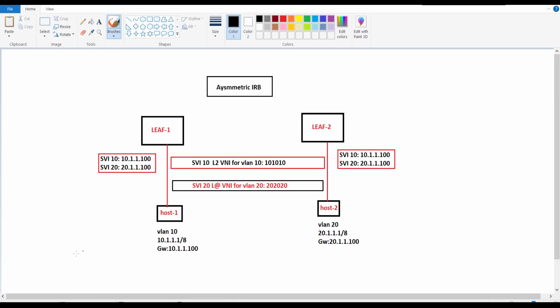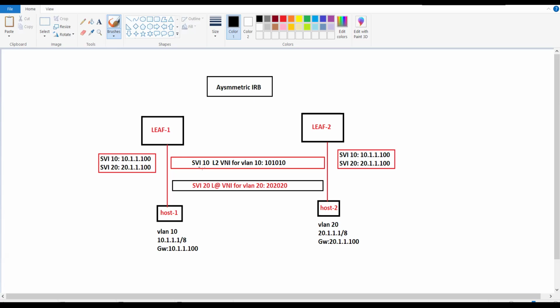Now when traffic flows between host 1 and host 2, host 1 sends the traffic to the gateway, which is SVI VLAN 10. From SVI VLAN 10, the traffic is routed internally on leaf 1 into SVI 20. Then when leaf 1 sends the traffic to leaf 2, it puts the L2 VNI for VLAN 20.